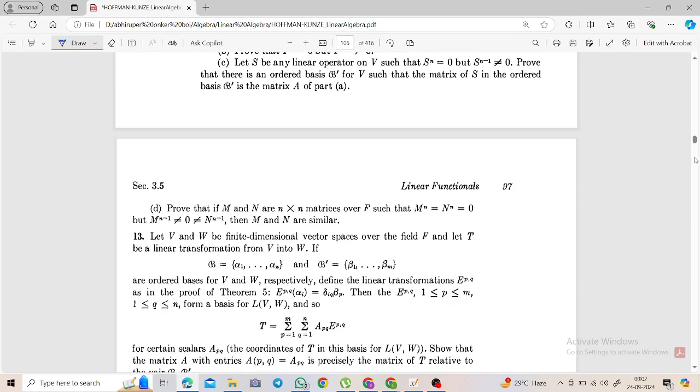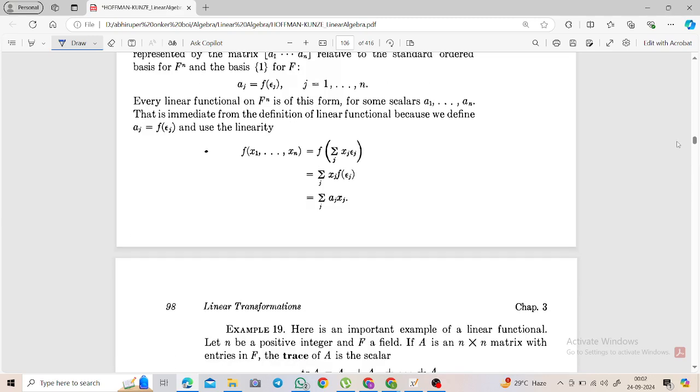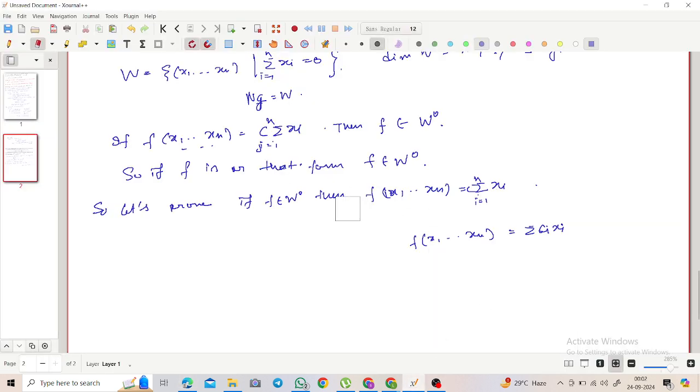Hmm, 97. Every linear function on Fn. Okay, so every linear function on Fn is of this form. Yeah, she's right.